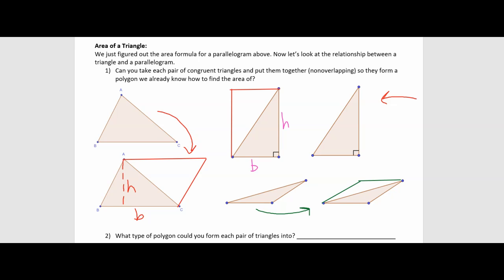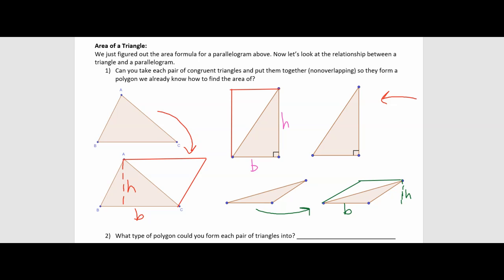Again, that is a parallelogram with a base that's the same length as one of the triangles and a height. The height I actually got to draw outside because it's a perpendicular distance. But needless to say, the height of the parallelogram that we formed is the same as the height of both of the triangles.